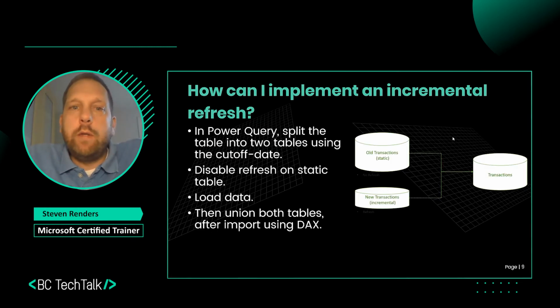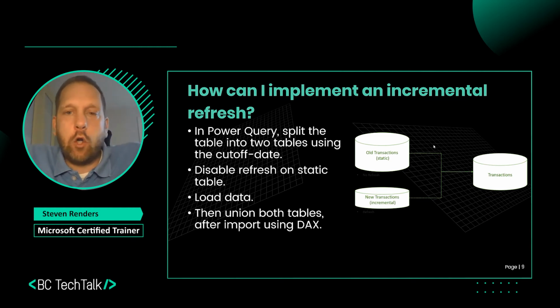So this means that we'll need to try to figure out a different way to simulate incremental refresh, and I figured out how to do that. So we are not going to make use of the built-in incremental refresh capabilities of Power BI Desktop and the Power BI service, but instead we are going to do a split of the data in Power Query. So it means that if, for example, you would like to incrementally refresh ledger entries because it might be a big table, what we'll do is import the ledger entries into Power BI Desktop.